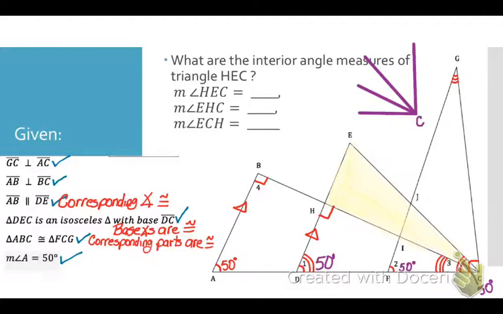Now, I'm going to draw this complicated angle C as a little inset here because we're going to be doing some work on this, and I need to have it a little bit bigger.